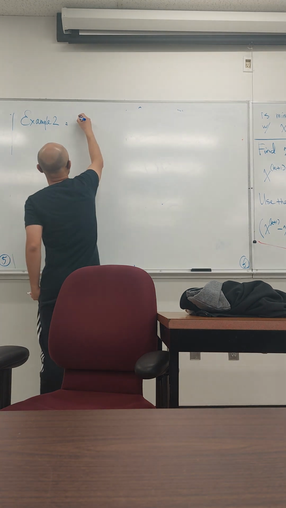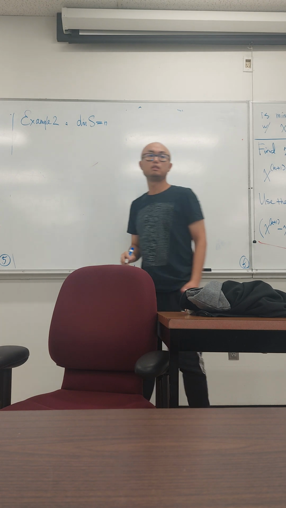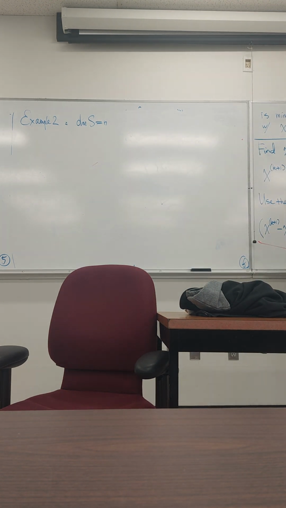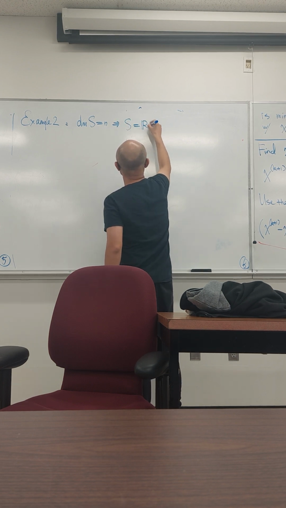Example 2 is when the search space has dimension n. If we have a subspace in Rn that has dimension n, then this subspace has to be Rn itself.